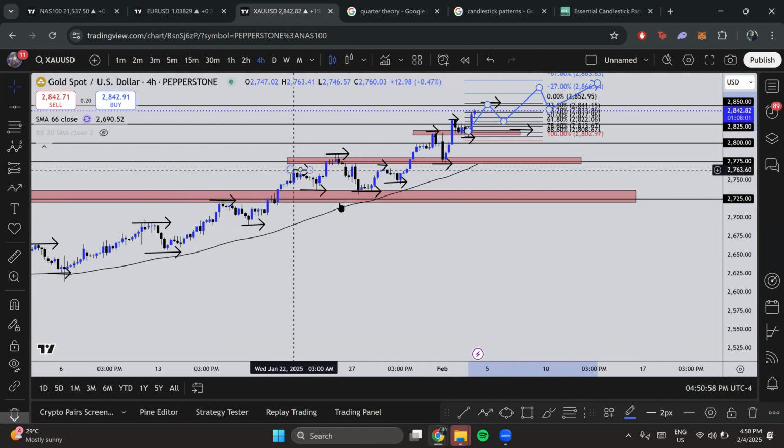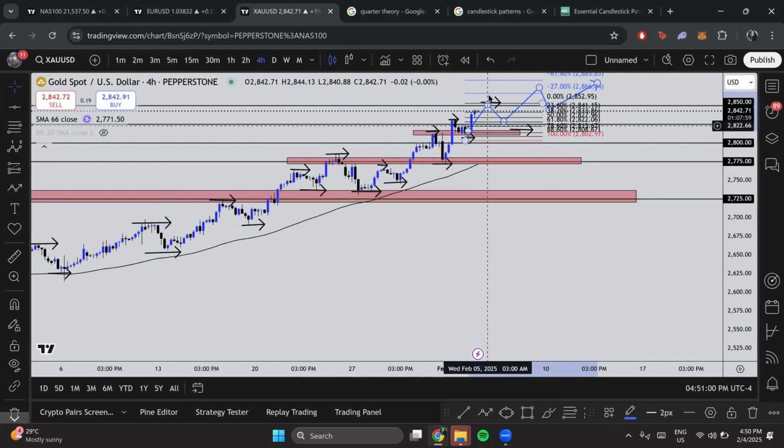It's been doing the same thing here, right? So market structure, and then I pull my fibs. So we have key levels, support and resistance. We are getting the market structure, right? And then we have fibs. So what are we looking for now? We're waiting for that candlestick pattern and a lower time frame breaker structure.